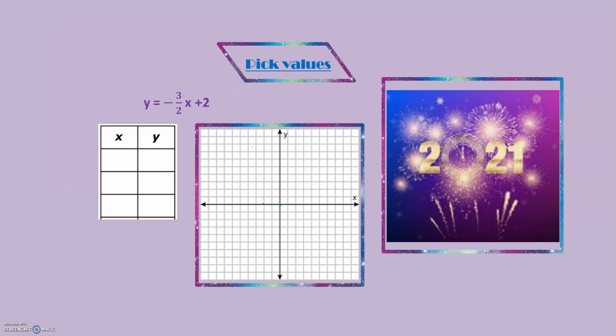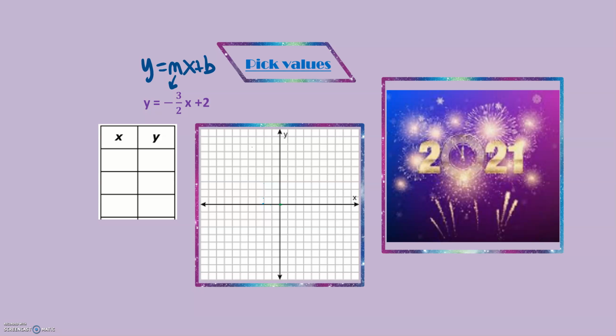Okay, now we're going to tie it all together. We're going to tie all those things that we learned together with this one picking values section. So on your paper, you're going to want to write that y equals negative 3/2 x plus 2. We're going to remember that we have y equals mx plus b.